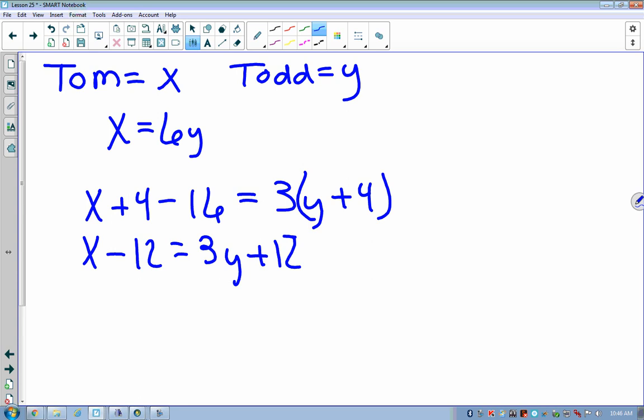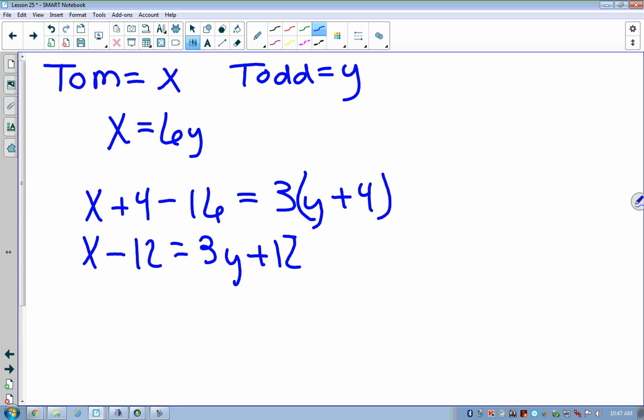Do we want this in slope-intercept form? Keep in mind, what do we actually want to solve for? We want to know how old Tom is. We want to solve for x. Here we've got x minus 12 equals 3y plus 12. Actually, in reality, we kind of want to solve for y, because if I can plug y back in, that's going to solve for x, correct?